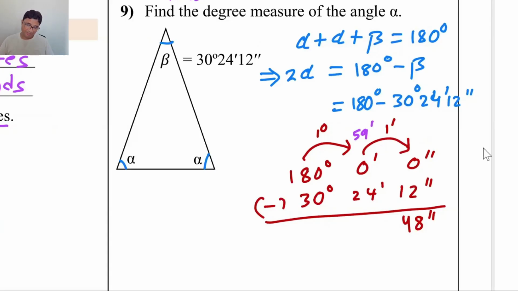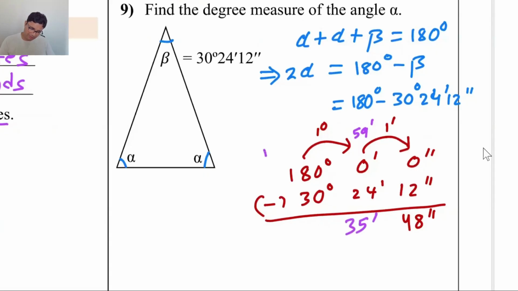So 59 minutes minus 24 minutes will give you 35 minutes. And then you have lent 1 degree from here, so you are left with 179 degrees.